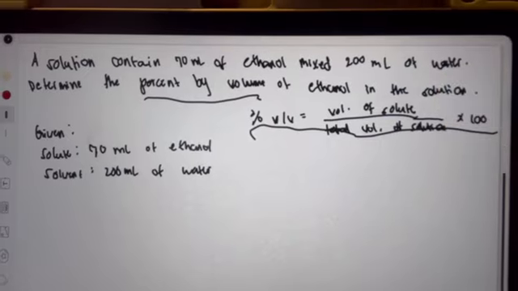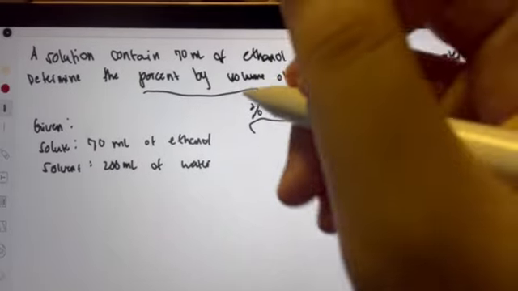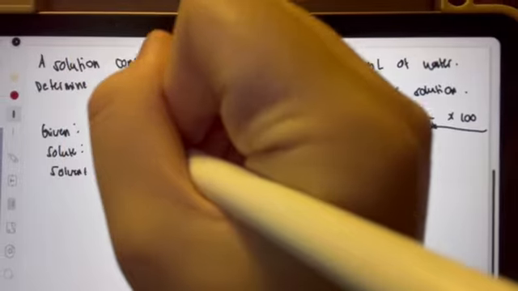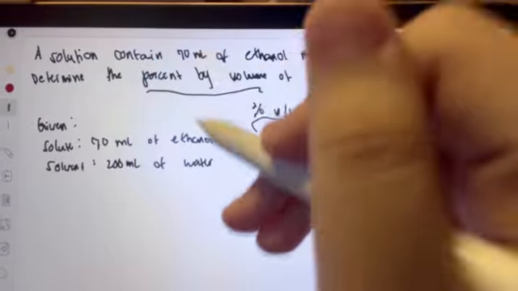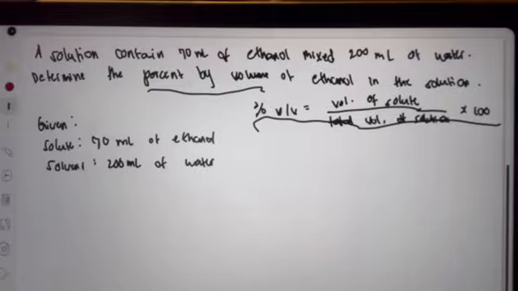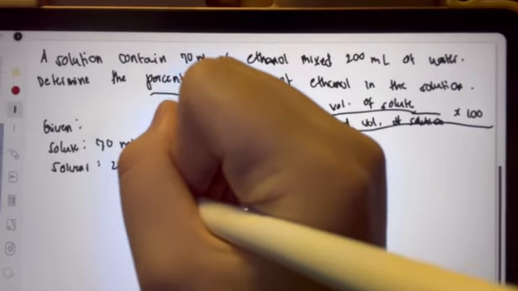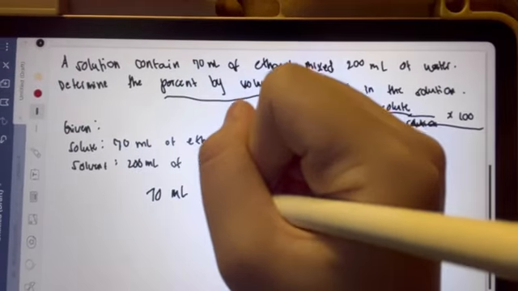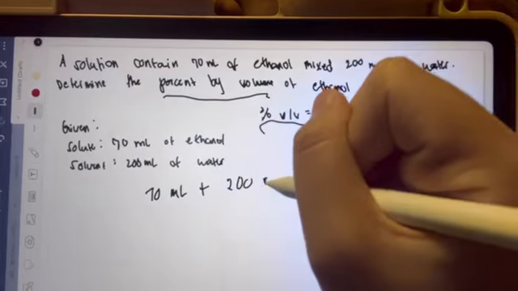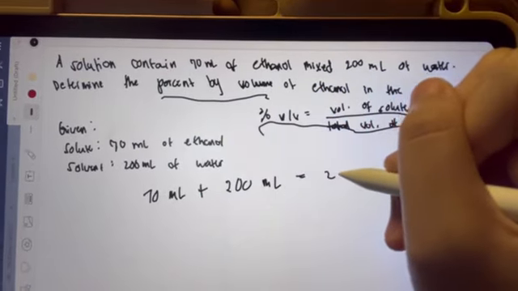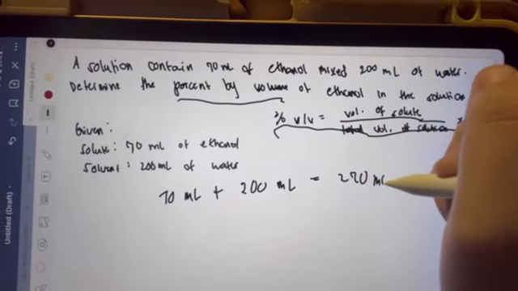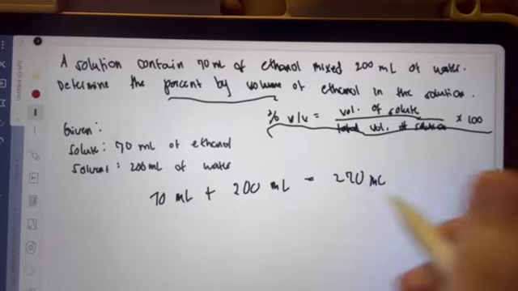So we have here the given solute 70 ml, solvent 200 ml. So just like earlier, we add the 70 ml plus 200 ml, since solute plus solvent is equal to solution. So 70 ml plus 200 ml is equal to 270 ml. So this is now the solution.